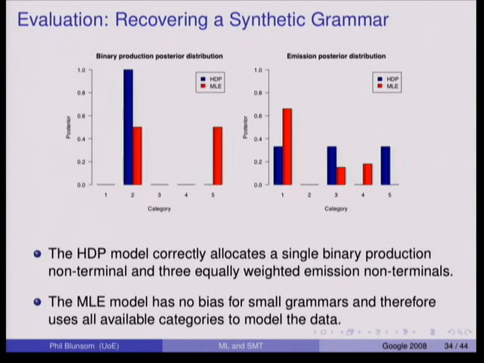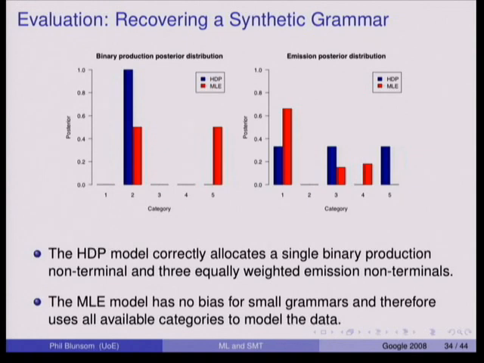The reason this is happening is because the maximum likelihood model has no prior to use a small number of constituents. So it has nothing forcing it to use a small number. So it uses all of them, the 5 that it was given. The hierarchical Dirichlet process model does have a prior to use as few as it can, and therefore it seeks to minimize the number and comes up with the right grammar.